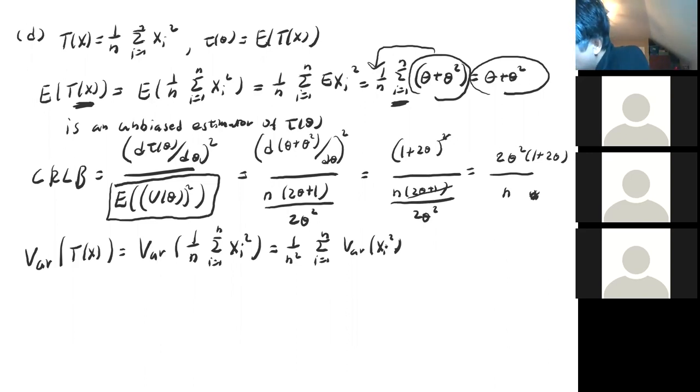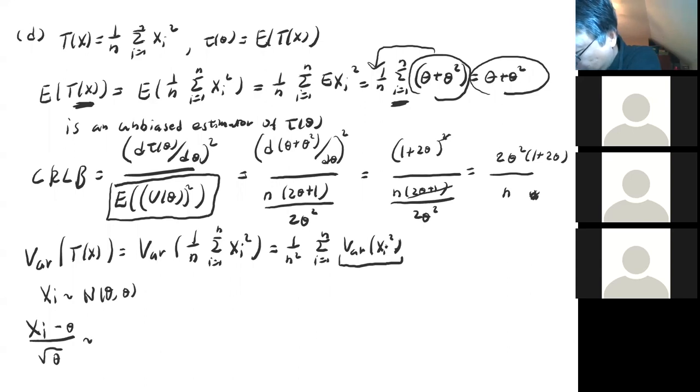Okay? This would be really hard to find, and I could give you an easier way to do it. One easier way is that I do know xi follows normal with mean theta and variance theta. Then I can actually do it with xi minus theta, divided by the square root of theta, which will follow the standard normal, the 0, 1. So my goal is, let me think about it.